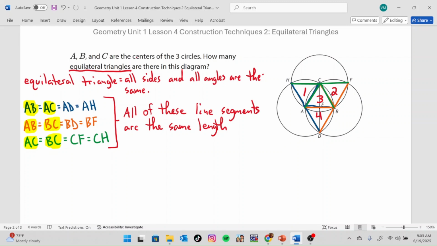Now, not only do we have the 4 small triangles, but if all of these smaller lines are the same size, then if I add any 2 of the smaller lines, they will be the same length.